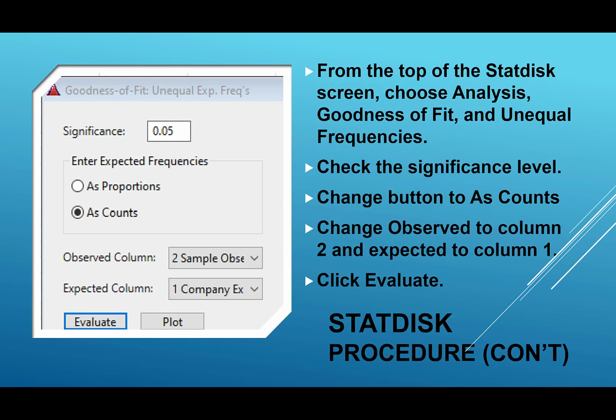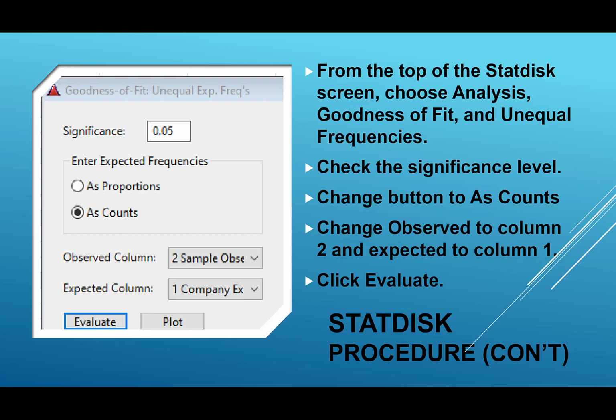Once we have that data entered, we're going to go to Analysis at the very top of the StatDisk screen. We're going to choose Goodness of Fit from the pull-down menu and Unequal Frequencies. Once you do that, the left-hand side of this screen will appear. The menu will come up with a default significance level of 0.05.